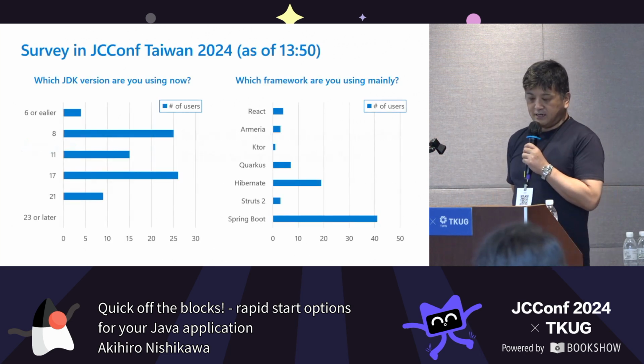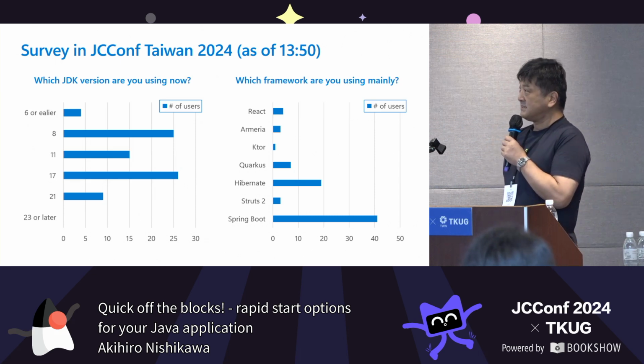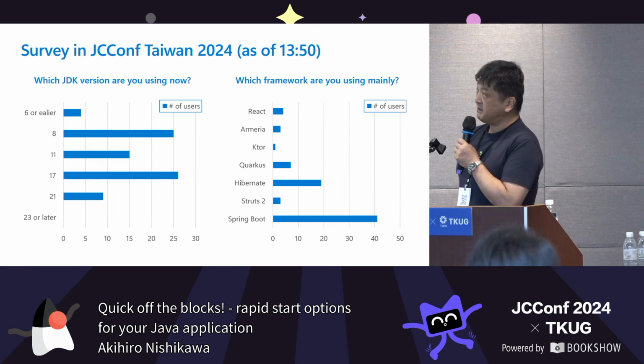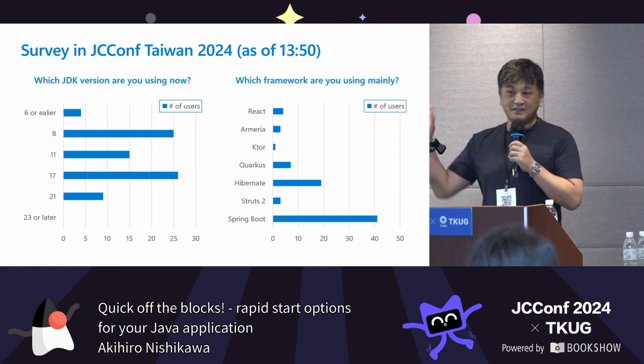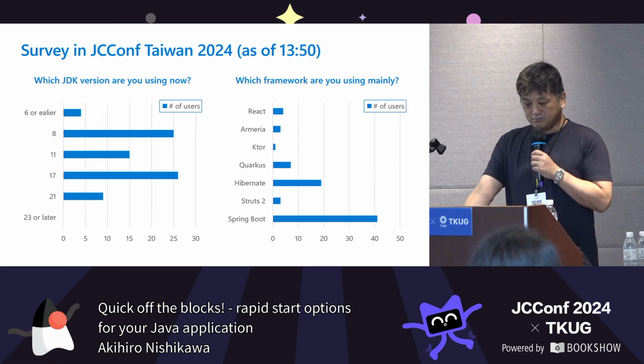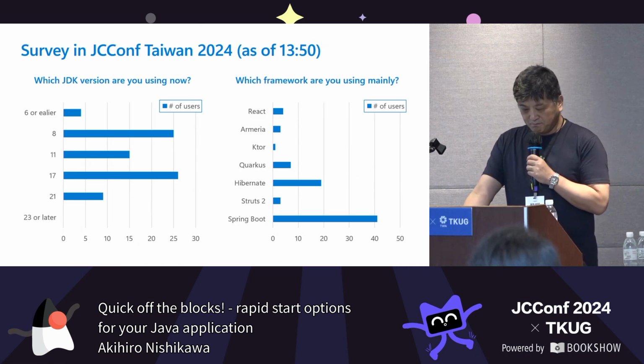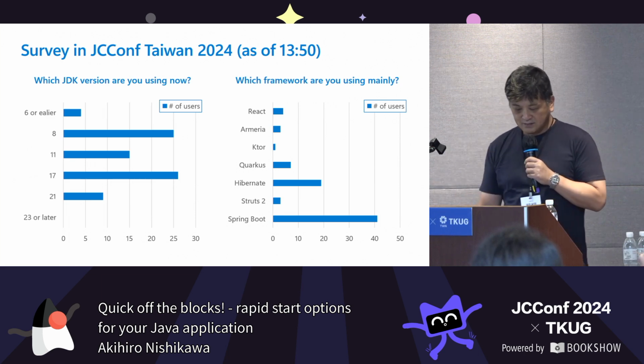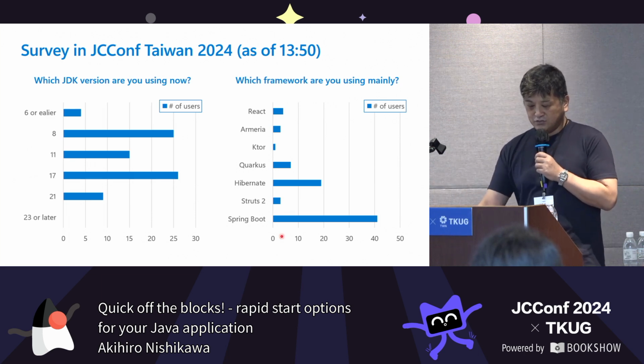Before starting the session, I'd like to share some information about the survey results, intermittent results of JCConf Taiwan. My favorite topic is which JDK version are you using now?